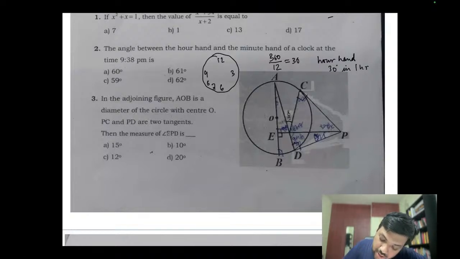So it moves at a rate of 30 degrees per 60 minutes. And if 38 minutes have elapsed, then what is the fraction? That's the question. So 30 into 38 by 60, that many degrees it would have moved, essentially, right?